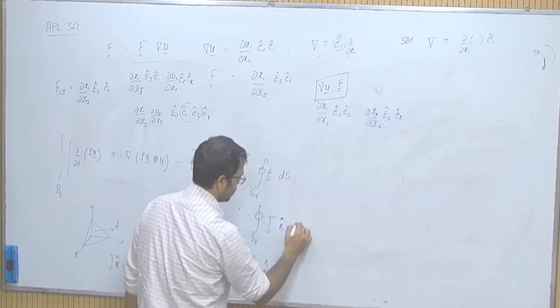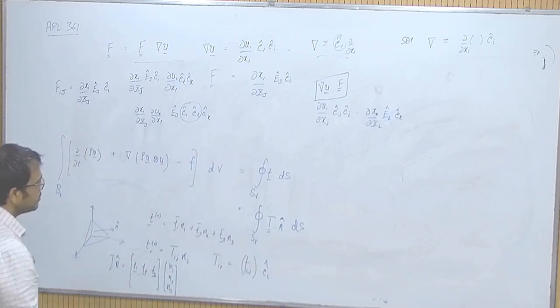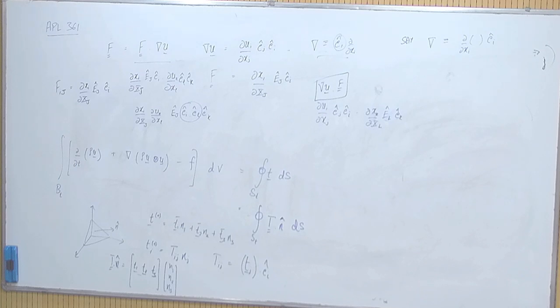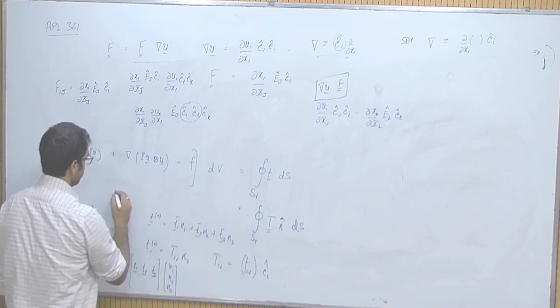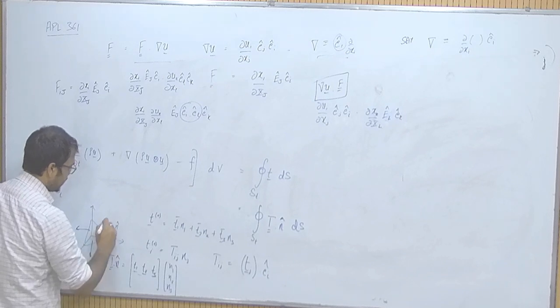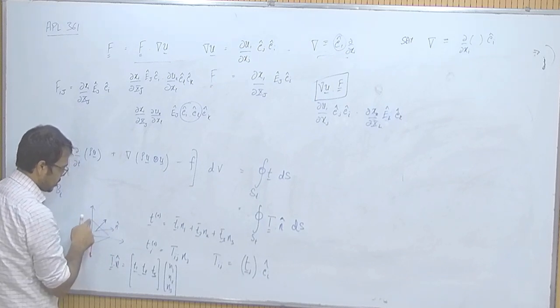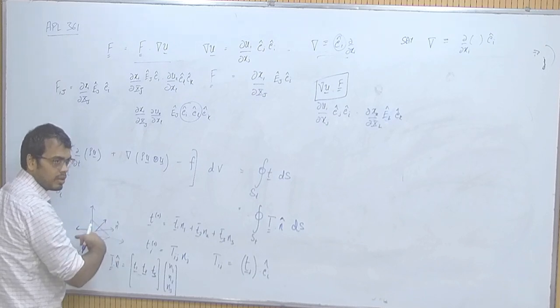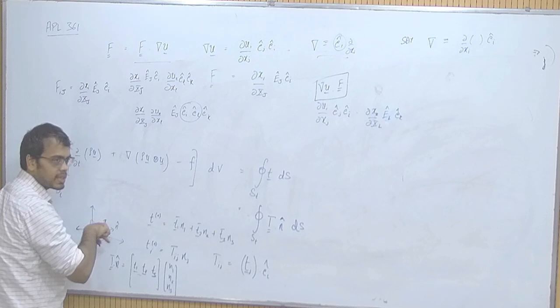So, these are vectors. T1, T2 and T3 I had defined as traction vectors on the faces which have minus E1, minus E2 and minus E3 as normals.